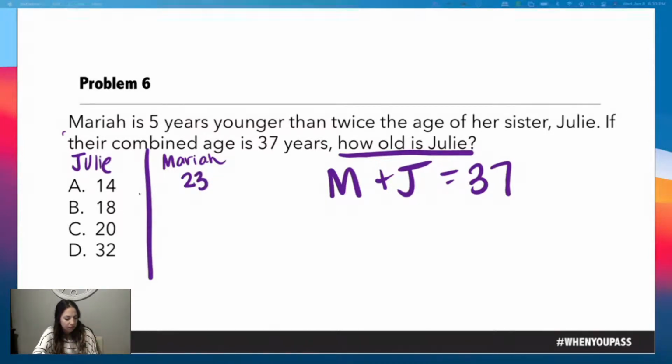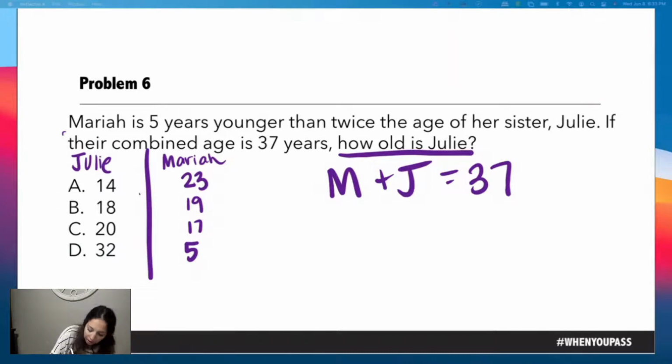37 minus 18, 19. 37 minus 20, 17. 37 minus 32, 5. So Mariah is 5 years younger than twice the age of her sister.